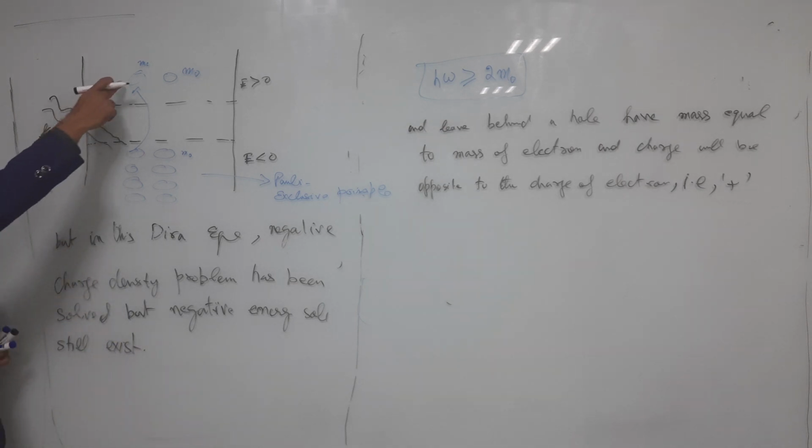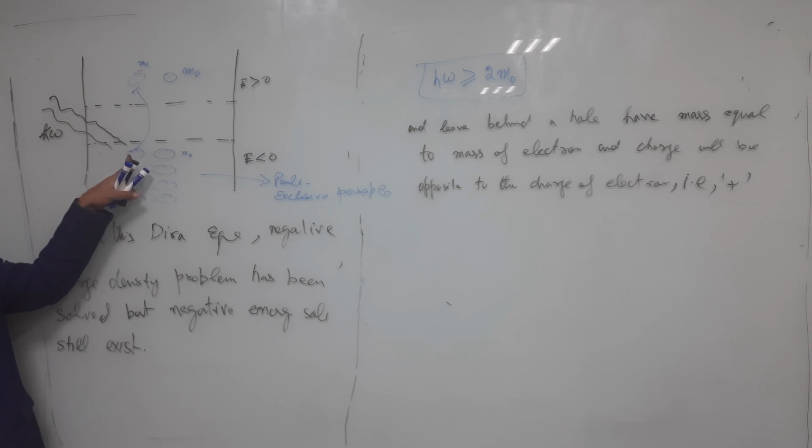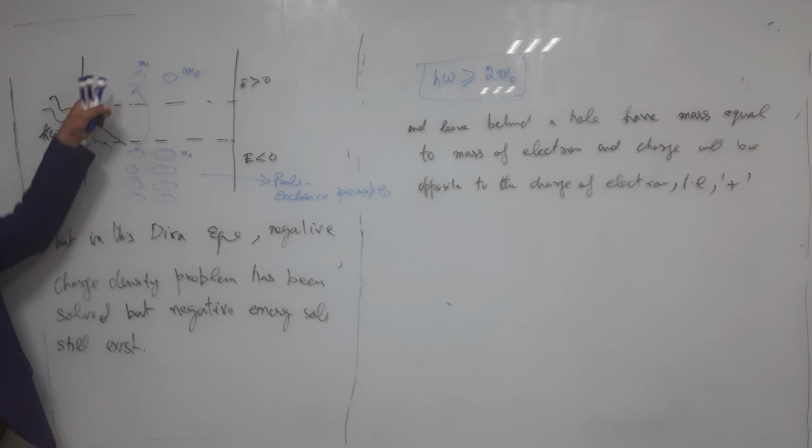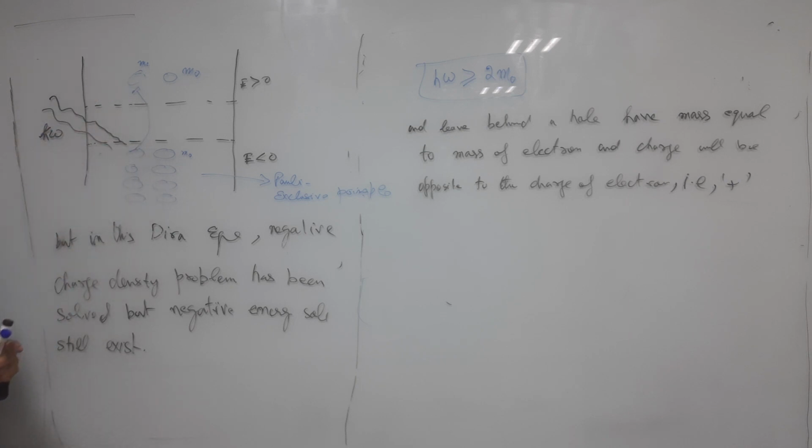When an electron jumps into this hole, this antiparticle or Dirac hole will be combined, and energy will be emitted.